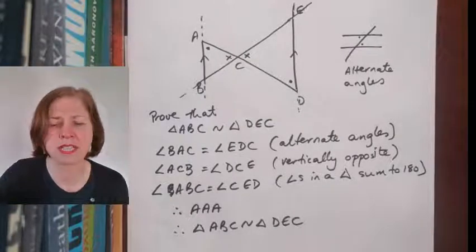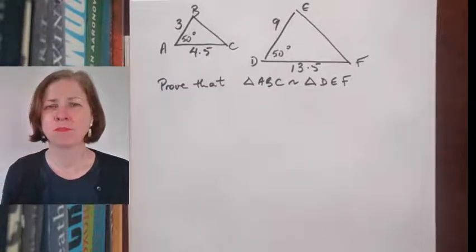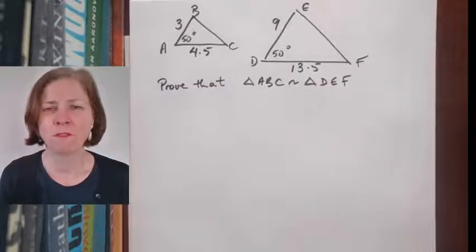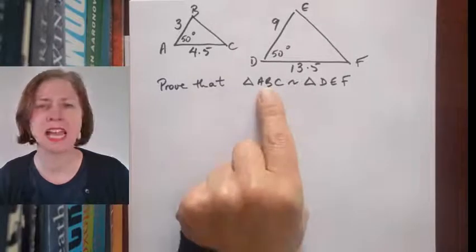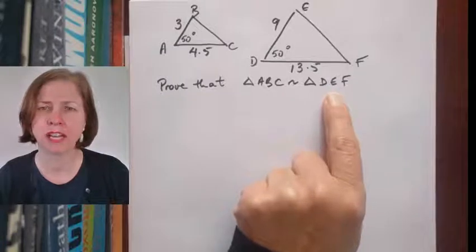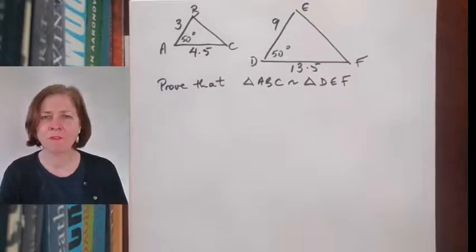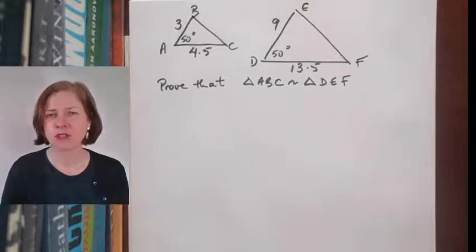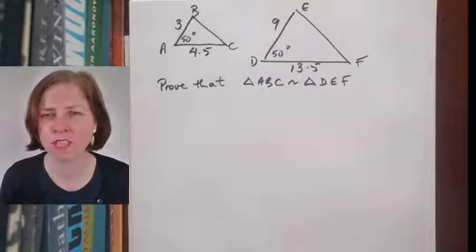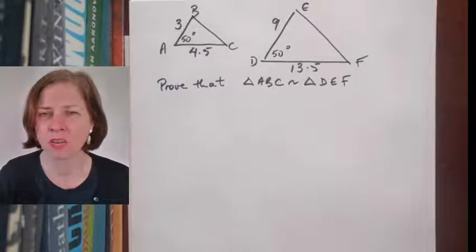All right. I'm going to show you another example. So here's my second worked example. I have to prove that the first triangle, triangle ABC, is similar to the second triangle, triangle DEF. Now I'm going to look at the information that I'm given. This looks quite different. I don't know everything about the angles. I definitely can't go for all the angles being the same, but I do have quite a few sides given.